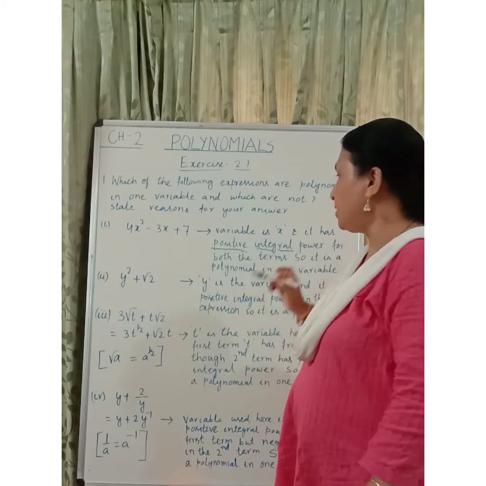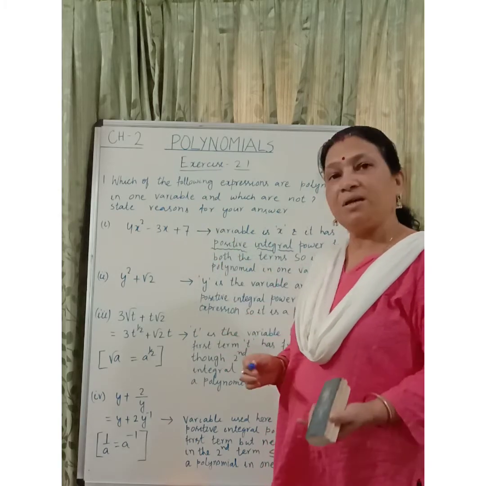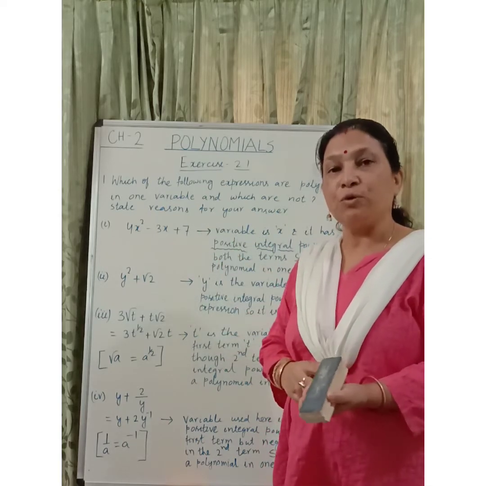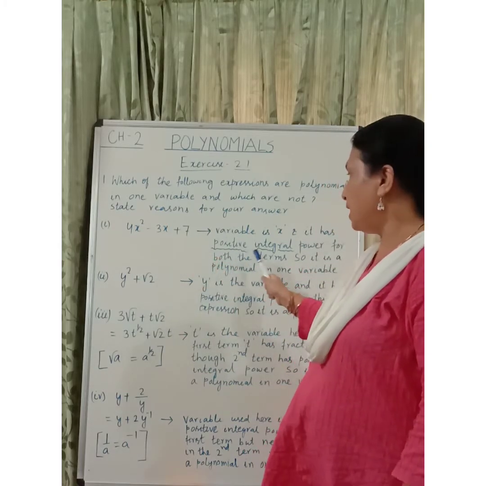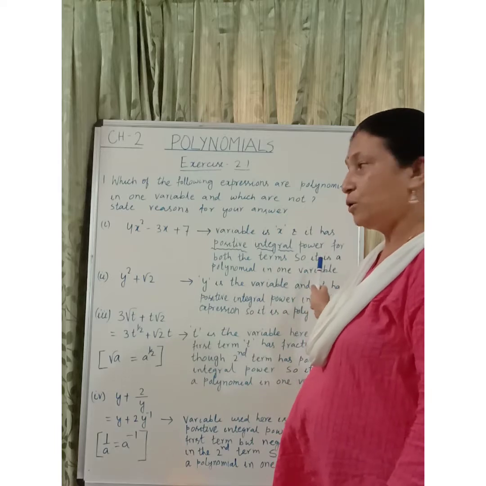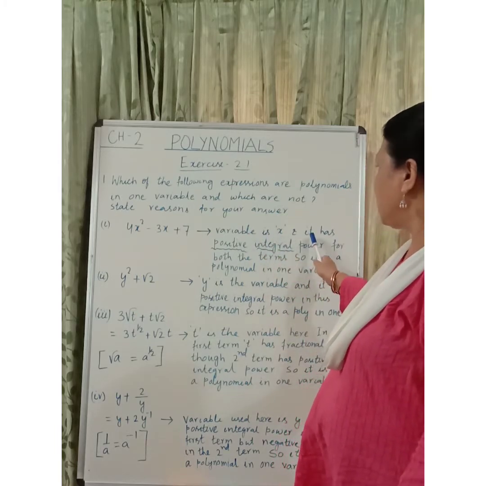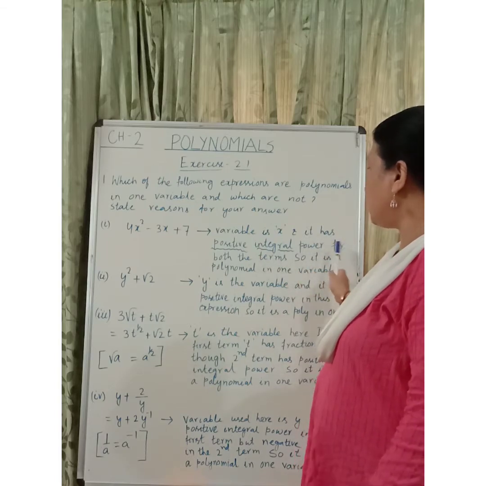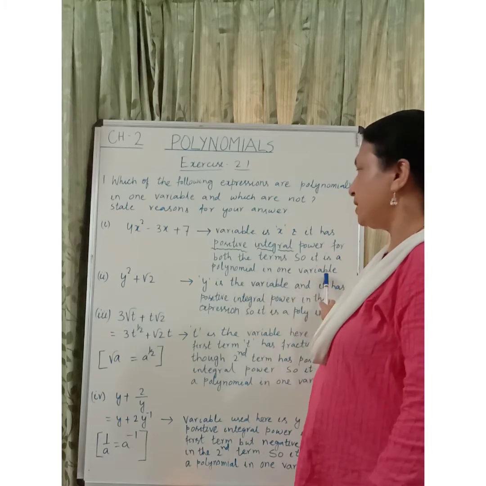Integral means whole number and a positive whole number. The power of the variable should be a positive whole number. So the first question we have, it is a polynomial because the variable used here is x and it has the positive integral power for both the terms.